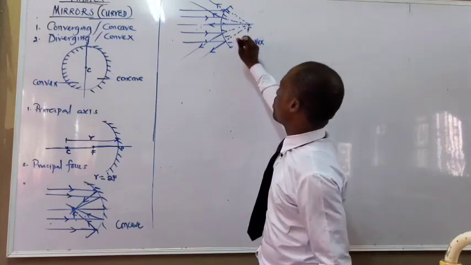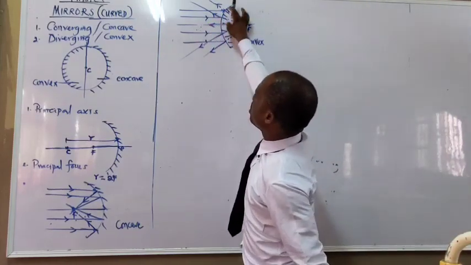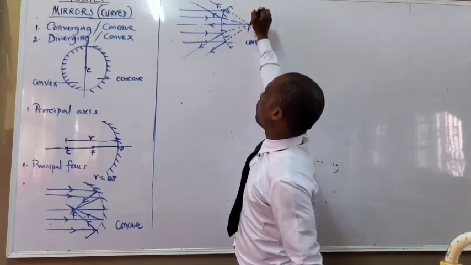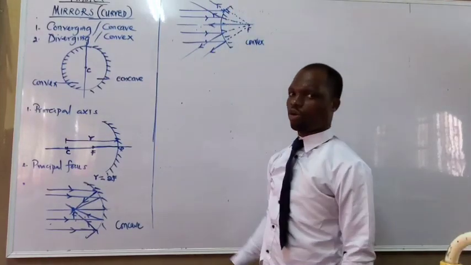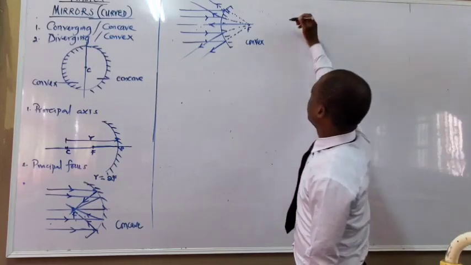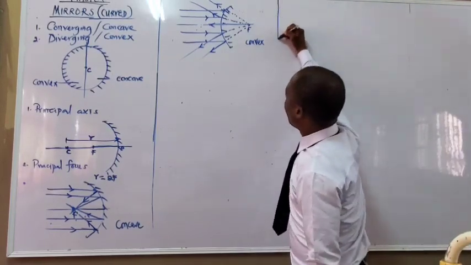Then for the convex mirror, all parallel rays drawn to the convex mirror after reflection diverge away from the focus. So that's another thing you need to know on the mirror.